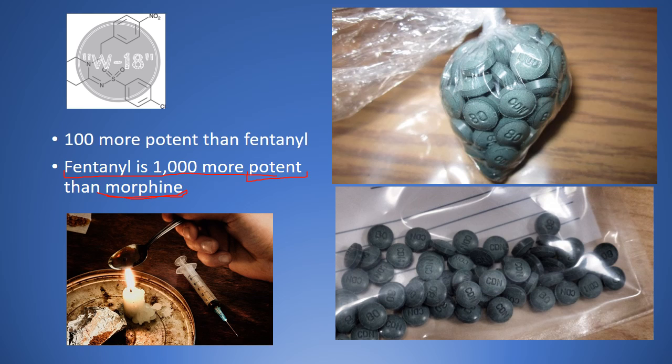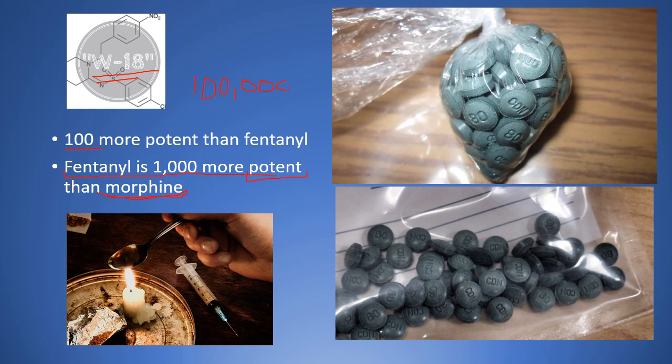But in any event, fentanyl is about 1,000 times more potent than morphine. We have a new drug, W18, which I don't think has come around this area very much. But it's about 100 times more potent than fentanyl, which means it's 100,000 times stronger than morphine.